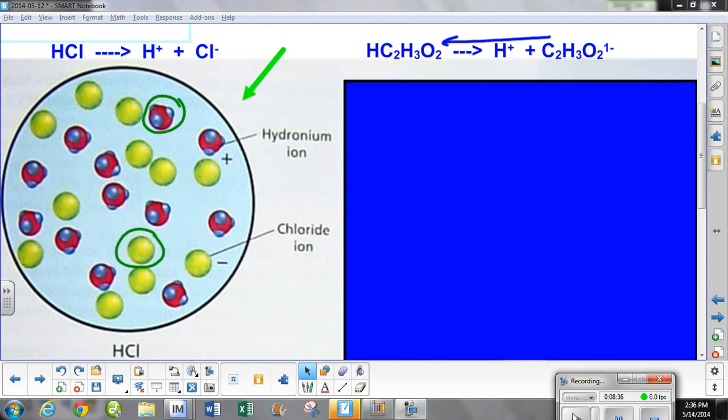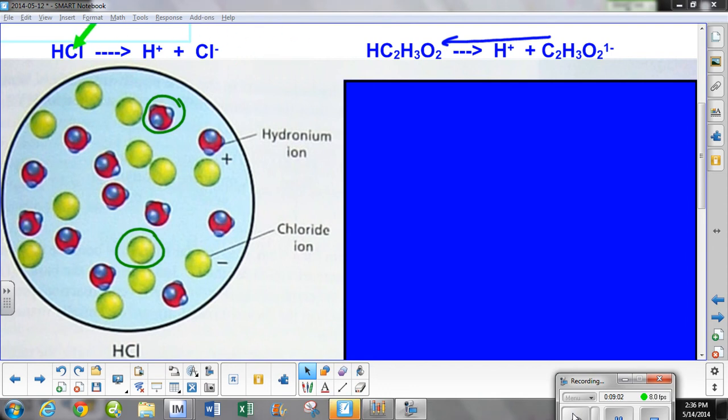Now, if we have 12 and 12, what does that mean about hydrochloric acid? Is it a strong or a weak? Listen, please. Think for yourself, listen. It is strong. Good. So this guy dissociates 100%, and that's what it looks like when it's 100% dissociated.